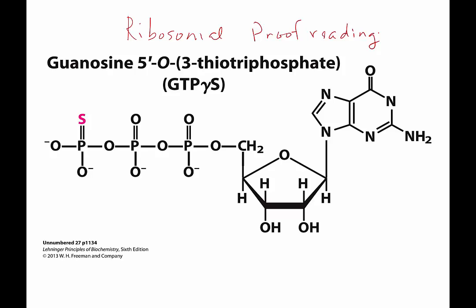and even in the correct conformation, the accommodation conformation. It turns out that the EFTU-GTP complex and the EFTU-GDP complex, so basically before GTP hydrolysis and after GTP hydrolysis, are both bound to the ribosome for just a few milliseconds before you get the final dissociation.